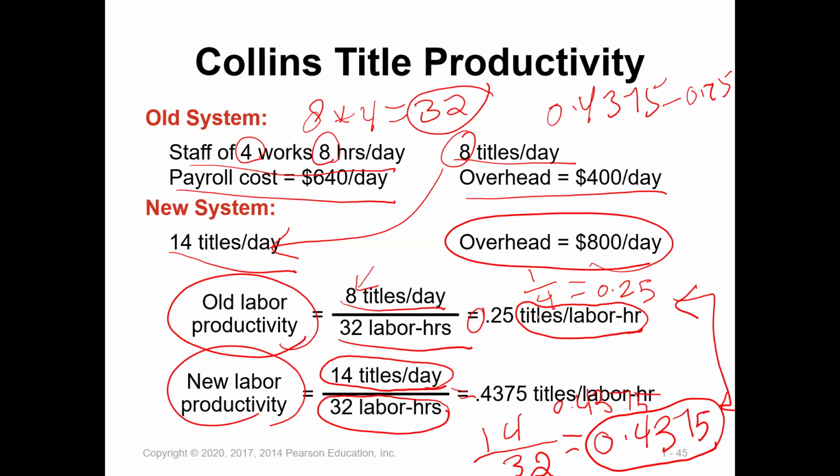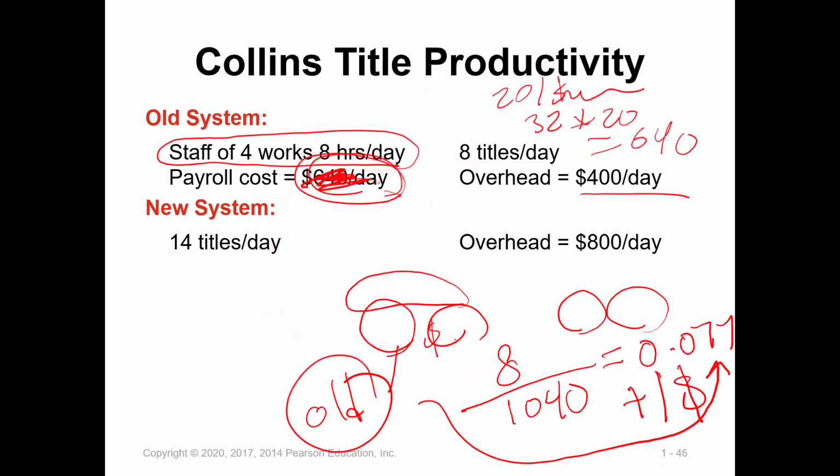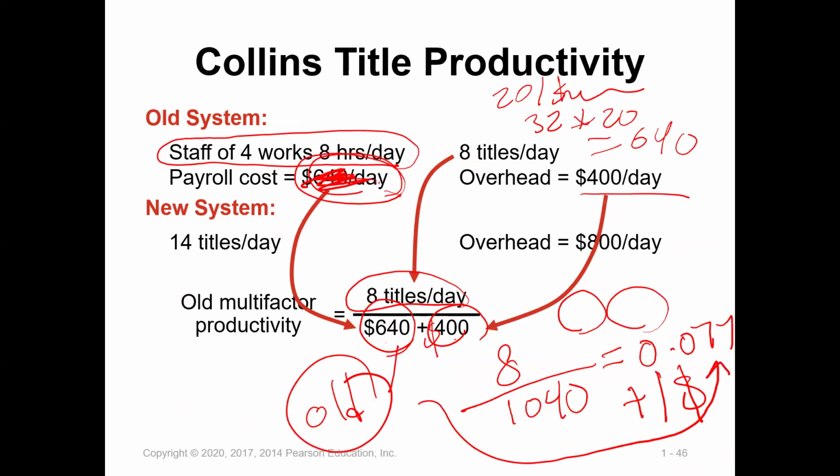Any questions? No questions. Okay. So now let's calculate the multi-factor productivity for the old system. We said the output units. Now the total cost: the overhead is 400, right?